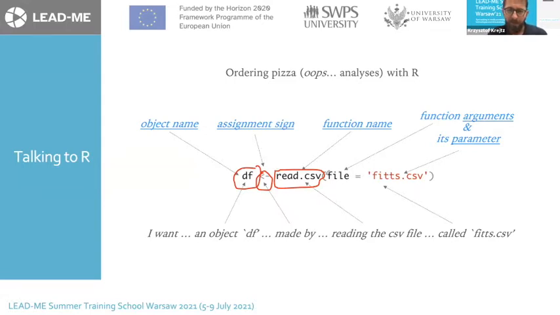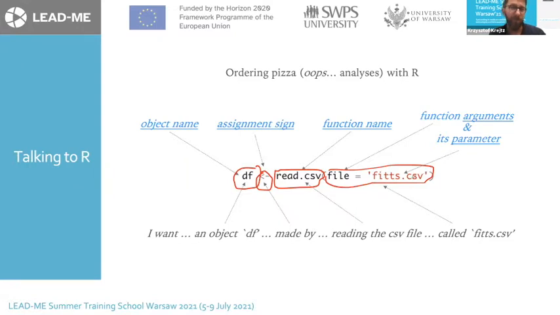And then we have the arguments, what file we want to open. There's a file equals, and in quotation, we give feeds.csv. That's a name. So this is just general structure of any order we give to R, or any function we give we want to execute in R. Don't run this code yet, because you will get an error.